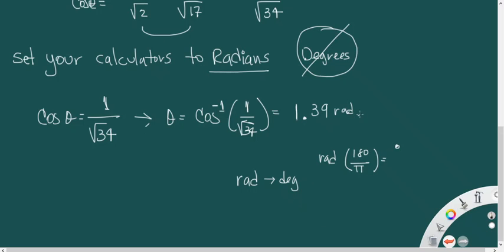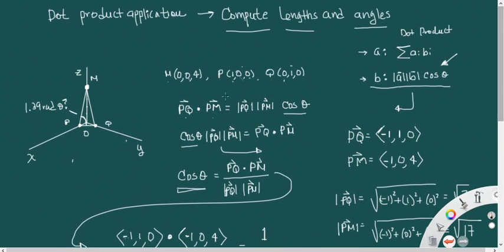If you do this calculation on your calculator, you will come up with an approximation of 80.12 degrees or something like that. So 80 degrees equals more or less 1.39 radians.